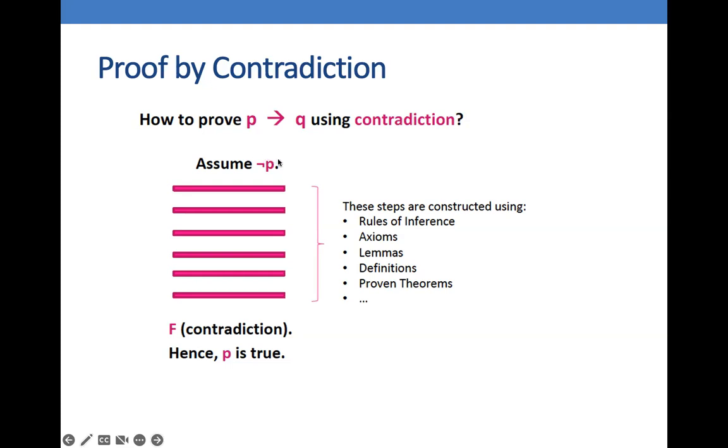So if negating the hypothesis leads to a contradiction, then we can prove that P is actually true. And if P is true, then we could prove the statement.